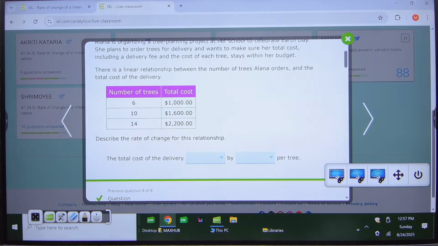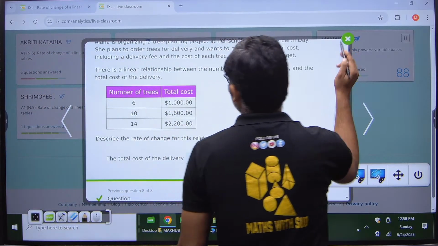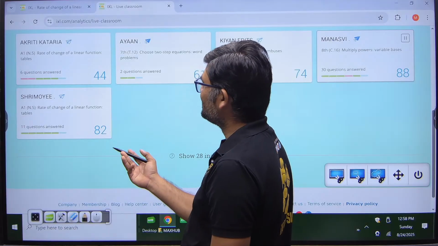Something, but I got it right. So for the first time, Shrimoy has reached 82.